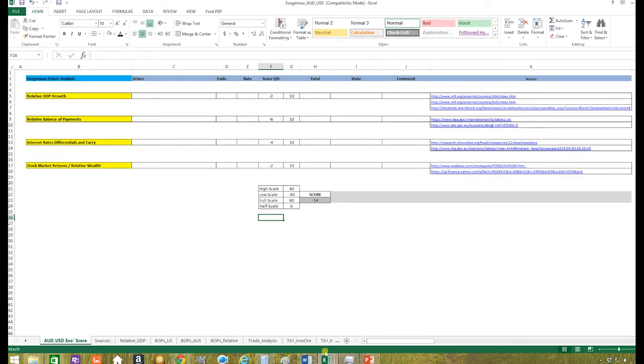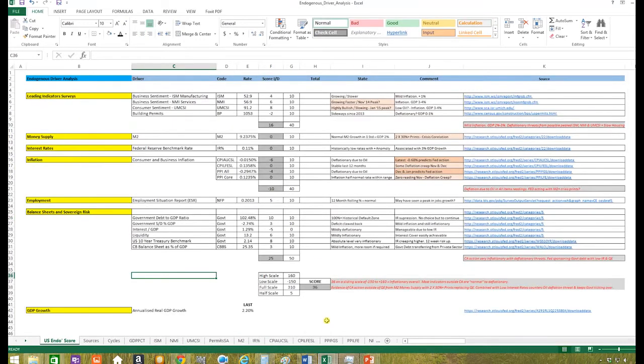Now, if we go over to our endogenous driver analysis from earlier on in the video series for the US dollar, as a reminder, we have our scale for the US dollar as a total of 310 points. So in the endo analysis, a full scale of 310 points for the US dollar, with a high on the scale of 160, a low on the scale of -150, and a half scale, equidistant between the high and the low, of 5.